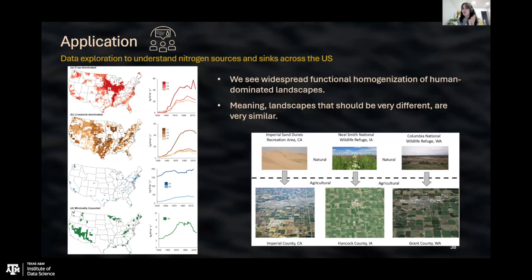So these 3 landscapes that were very different in the past now look the exact same. And this has huge implications for biology, biodiversity, habitat, nutrients and everything. So we were able to use this historical data set that we created, cluster together, and gain insights about what we're seeing across the US in terms of the landscape.